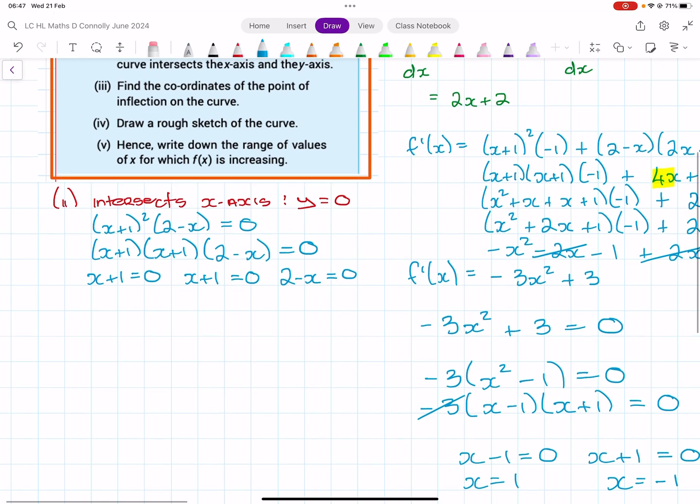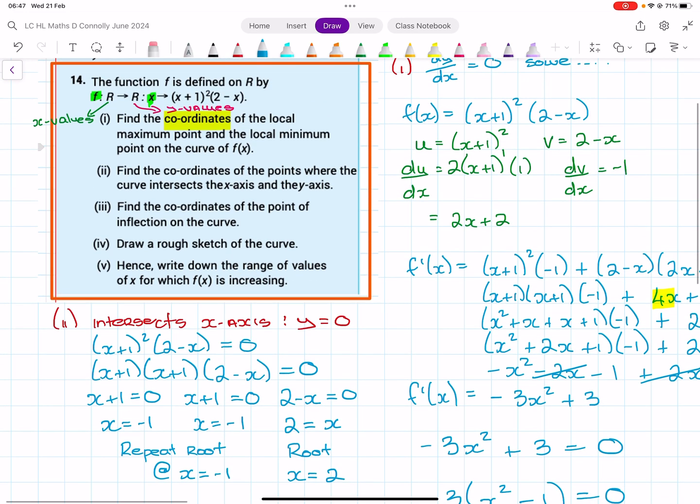So that gives me x equals minus 1, x equals minus 1, and 2 equals x. So we have a repeated root at x equal to minus 1, and then we have a root at x equal to 2.